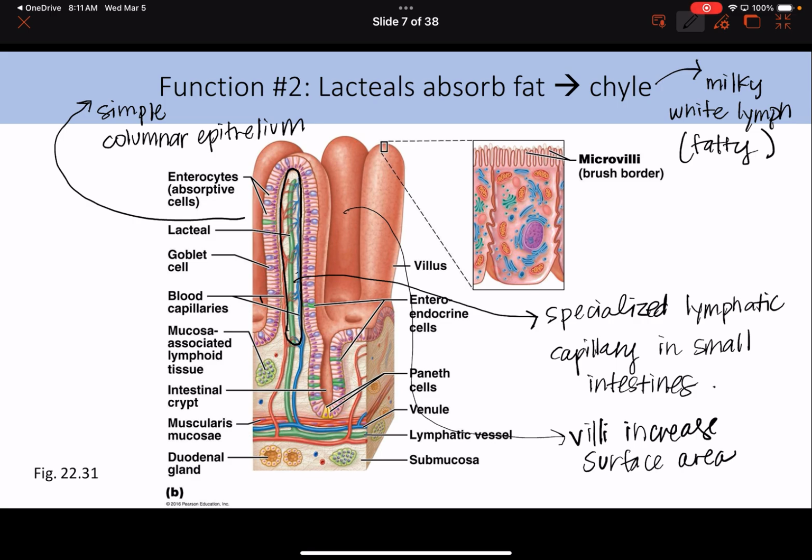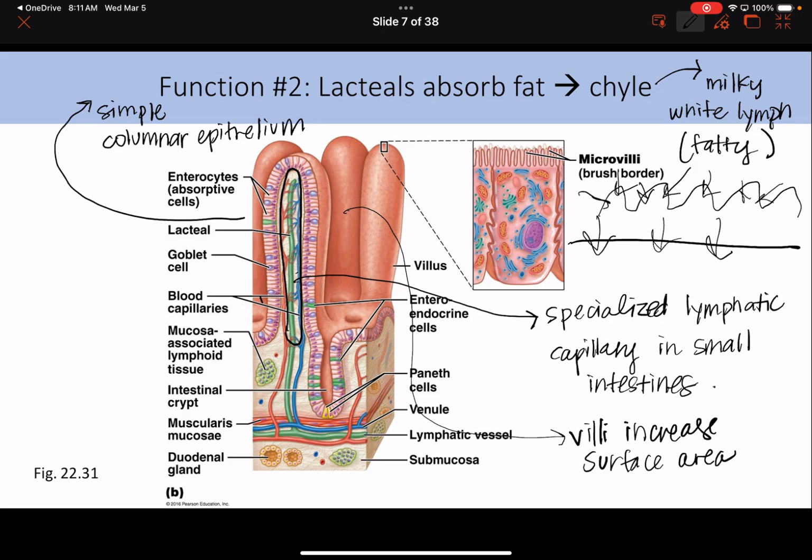It makes it so that we can absorb the maximum amount of nutrients from our food, because if our intestines were just flat, that has a lot less surface area to absorb food from than with the villi. Villi just give us so much area to absorb more nutrients, and so absorption is just a lot more efficient with those villi. More area for more absorption.